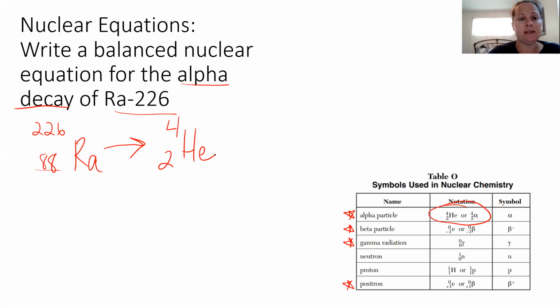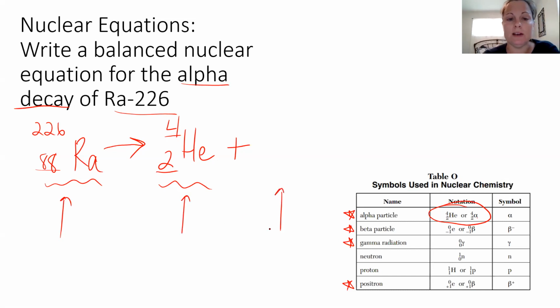So what this means is my original isotope is going to lose 4 from its mass and 2 from its atomic number. I'm going to write a plus sign because this isotope is going to decay into this plus something new. And it's my job to figure out what that something new is. So 226 minus 4 is going to give us the mass number of our new element, which has a mass now of 222.